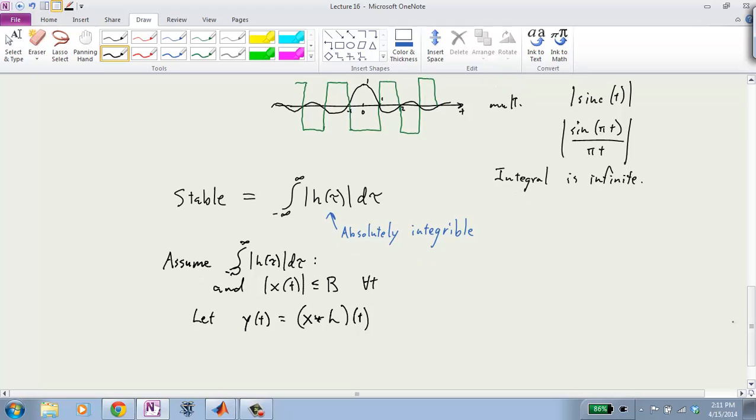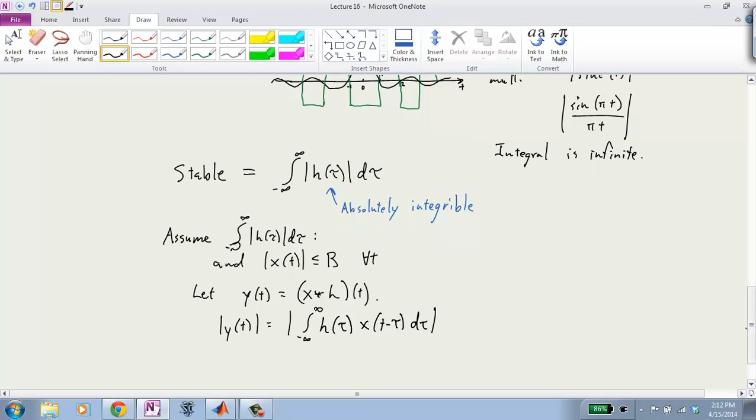So then the absolute value of y of t, we want to show this is less than something. Well, that equals the absolute value of this integral. I'm just writing the convolution integral here: h of tau, x of t minus tau, d tau. I'm writing it in reverse order so it's less confusing. Remember, convolution commutes. Now, if you move the absolute value within the integral, you get an upper bound.